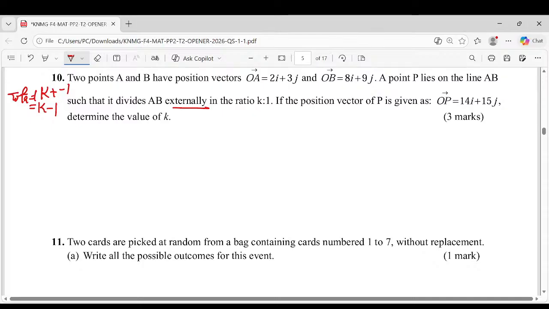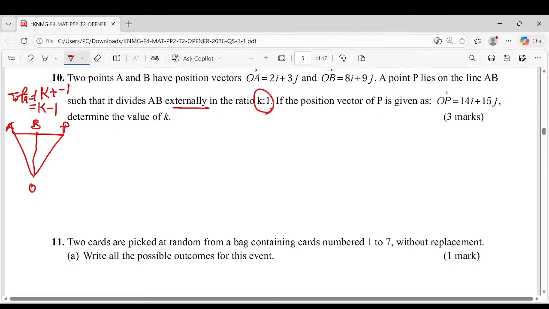After getting that as our total ratio, let us have it this way. If this is our origin, this is our A, this is our B, this is our P. So that means it divides in the ratio k is to -1.